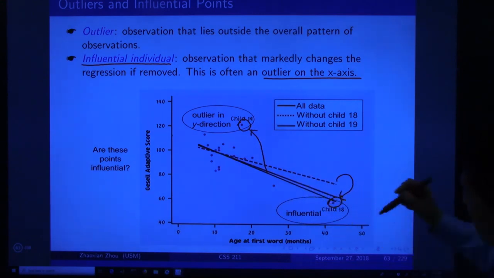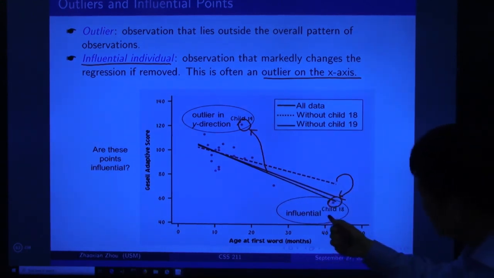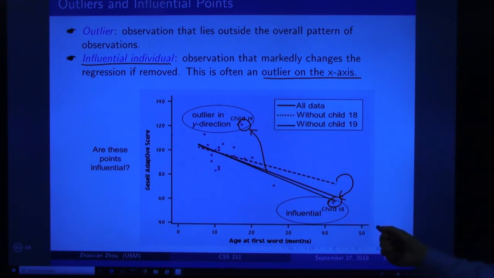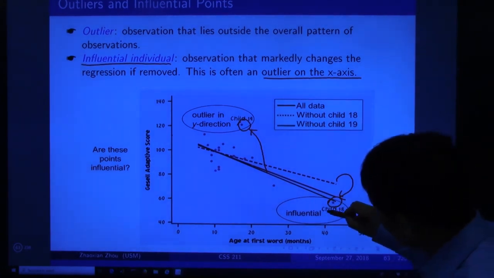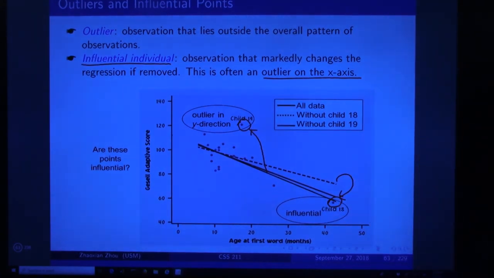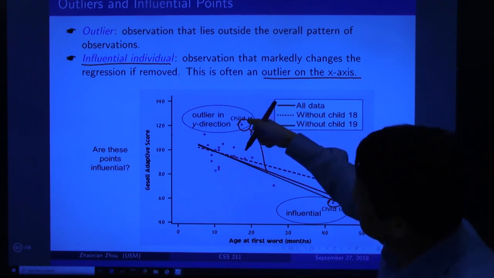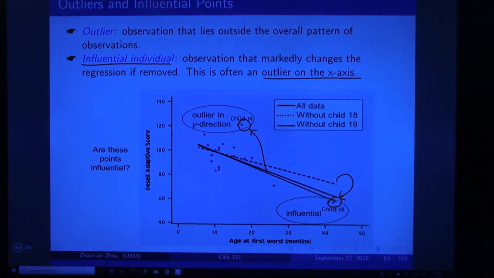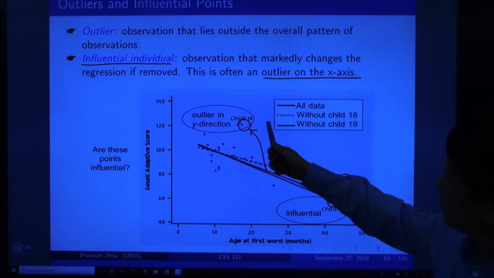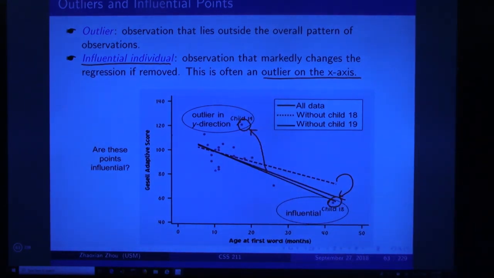Comparing these two situations, we can see point 18 has more influence on the regression line. So point 18 is the influential individual. On the contrary, this 19 is not. So this one is not an influential point. This one is an influential point. But this one is the outlier. This one may not.